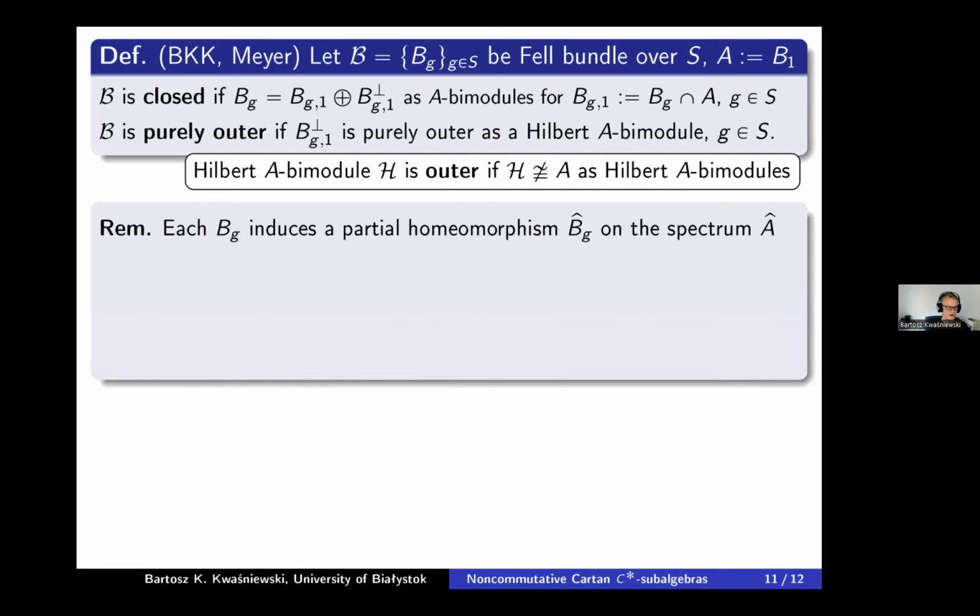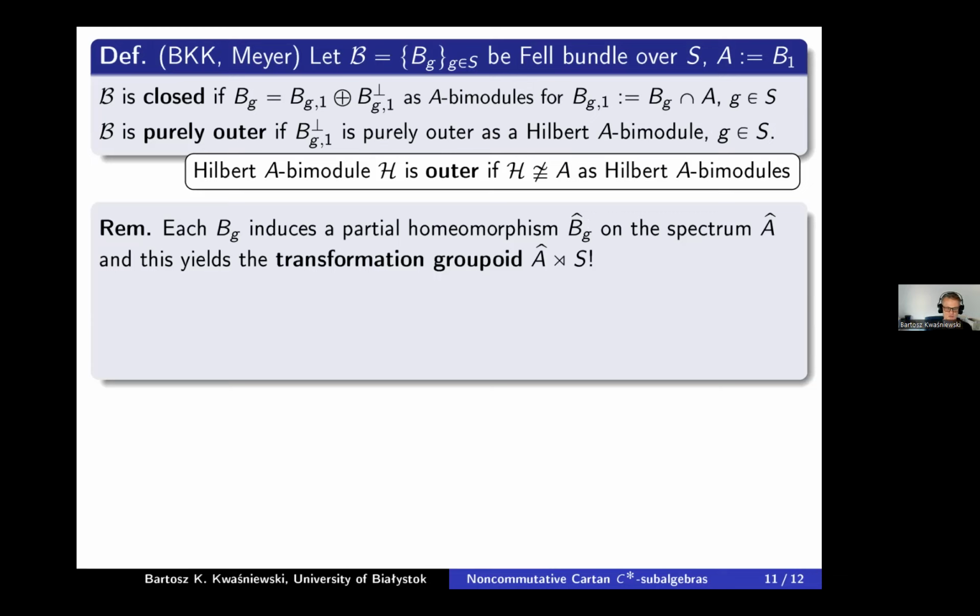And as a remark, we could also express these two conditions in terms of a groupoid, because any Hilbert bimodule induces, by Morita-Rieffel equivalence, a partial homeomorphism on the spectrum of the algebra. Here I mean irreducible representations, and this gives a transformation groupoid. So this B_g acts by partial homeomorphisms.